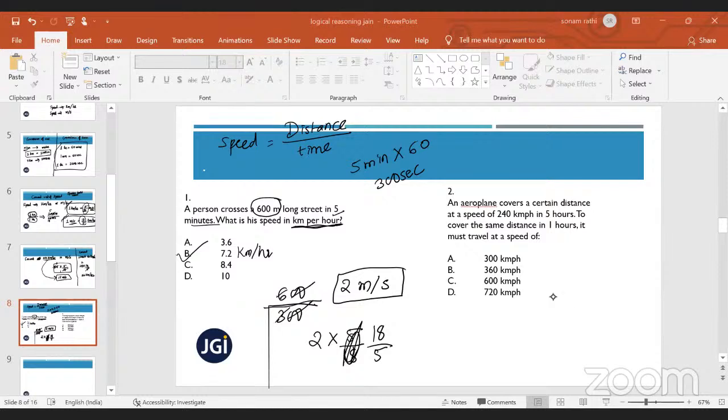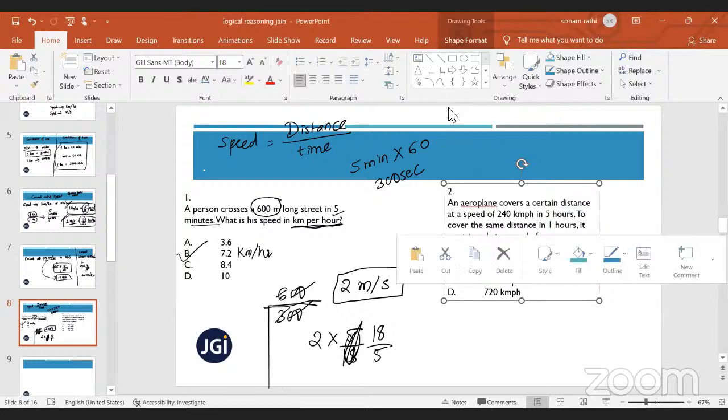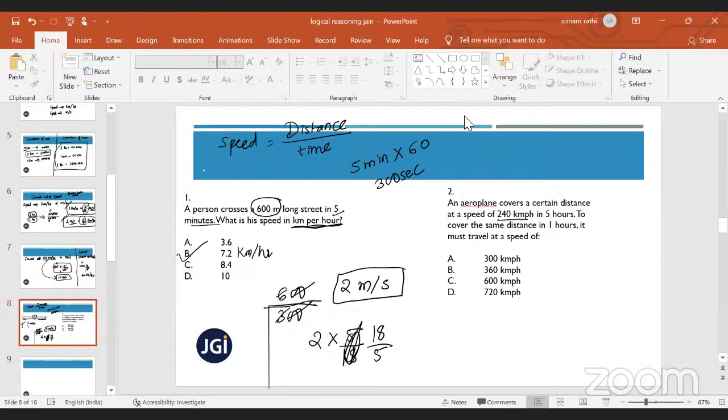Okay. Question number 2. Let's find distance first because speed is given. Speed is given to you, and time is given to you.